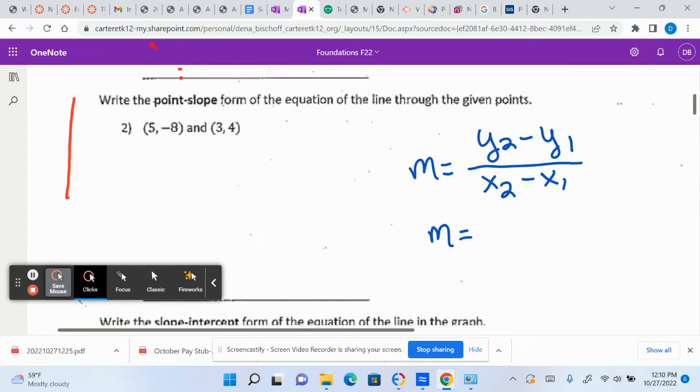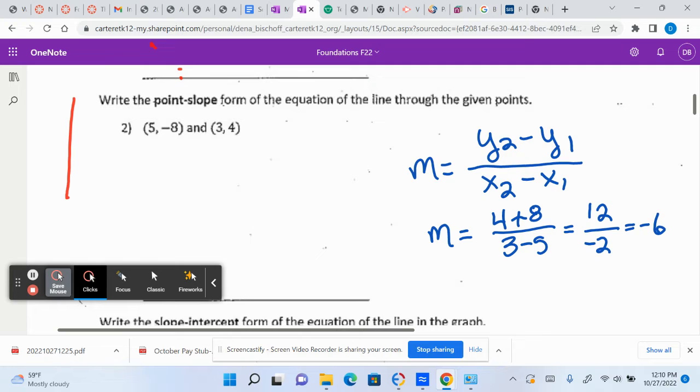4 plus 8. Good job, plus 8. And 3 minus 5 equals 12 over 2. And 12 divided by 2 is 6. Isn't it 12 over negative 2? 12 over negative 2, and the answer is negative 6.